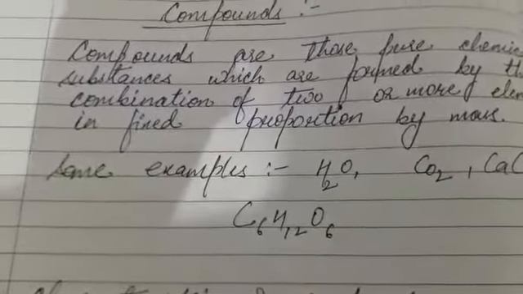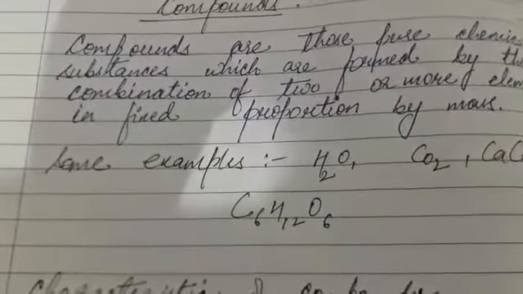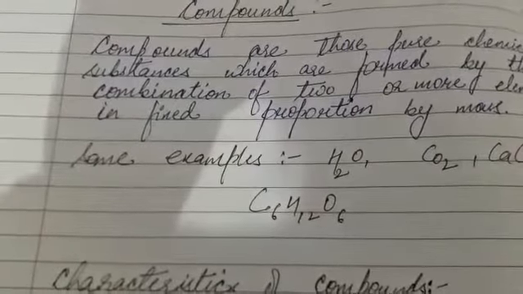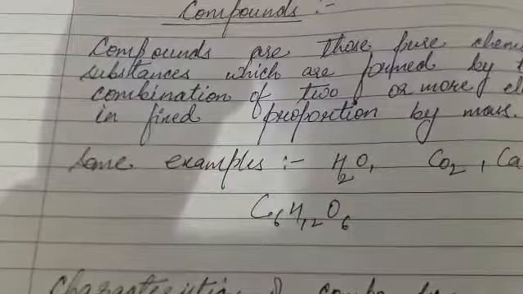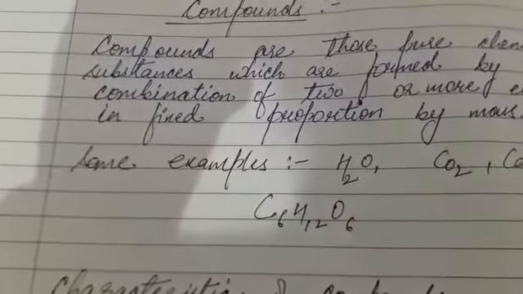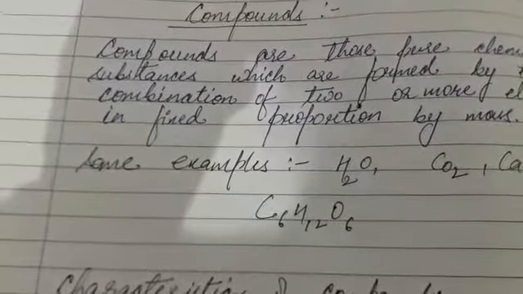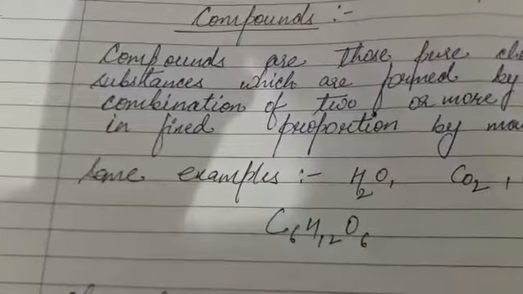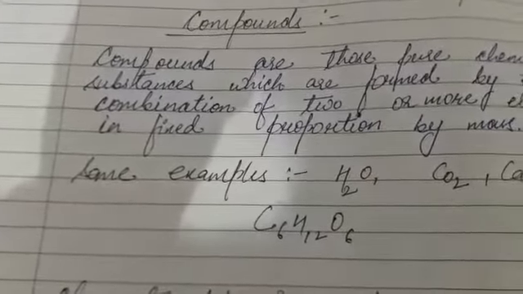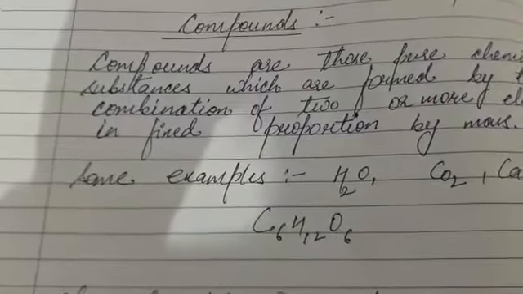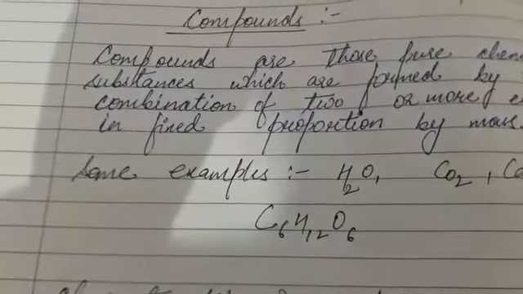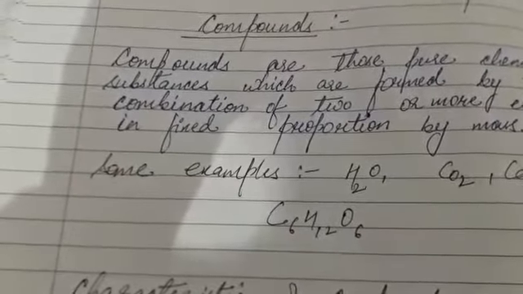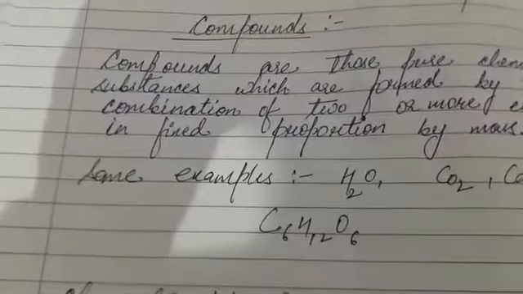For example, sodium chloride NaCl, potassium chloride KCl. These compounds are formed due to transfer of electrons, and thus such a bond is called an ionic bond and such compounds are called ionic compounds.